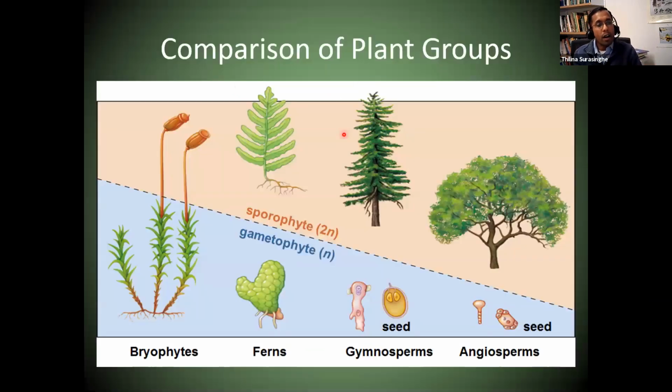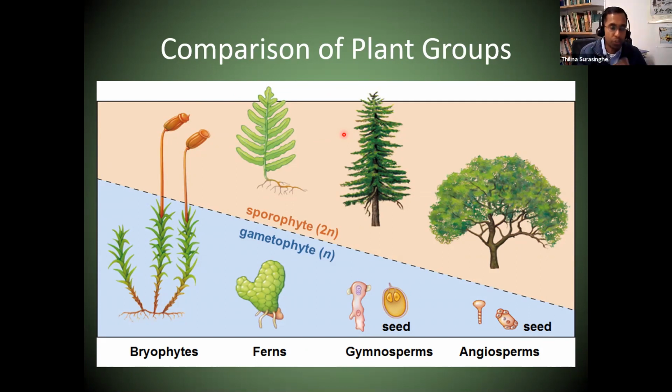Now, this is something I'm going to emphasize every day from today onwards, right? So all land plants have a gametophyte and a sporophyte, right? But in a life cycle, in certain plants, particularly in bryophytes and ferns, the gametophyte is more prominent in the life cycle. The gametophyte is larger in size.